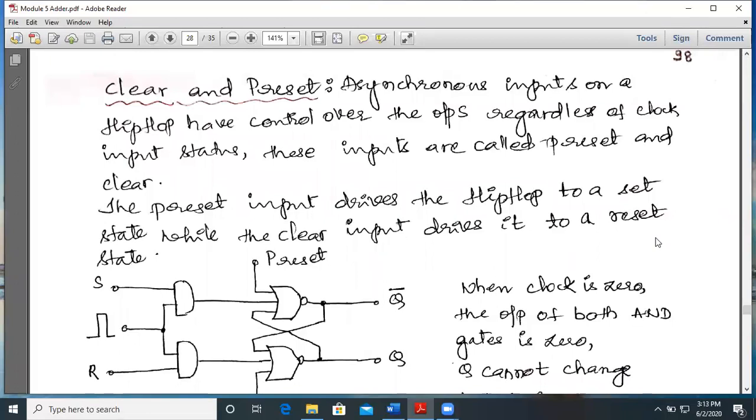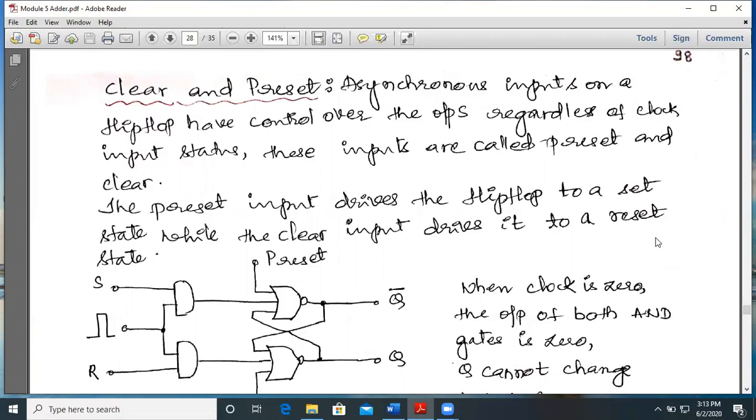Those inputs are called synchronous inputs. There are other kinds of inputs which are called asynchronous inputs. These asynchronous inputs change the output of the flip-flop as soon as we give the input. Such inputs are called asynchronous inputs.